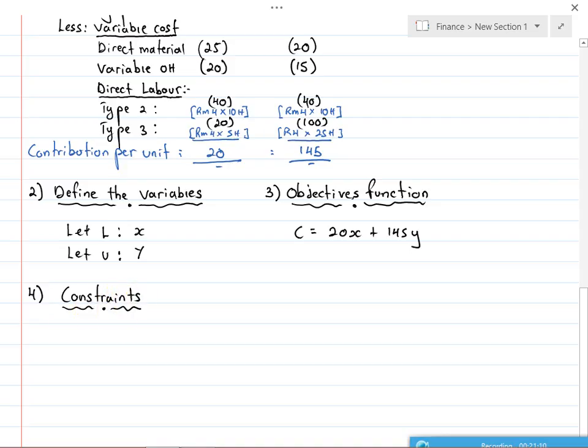Constraints. What is meant by constraints? The problems, the limitations. Now, all the problems that you have in this question, you have to change into an equation.